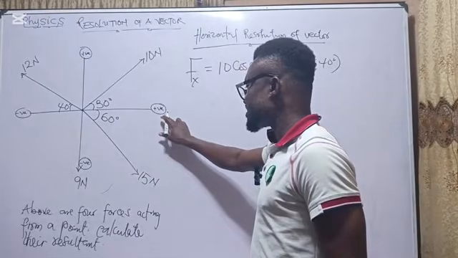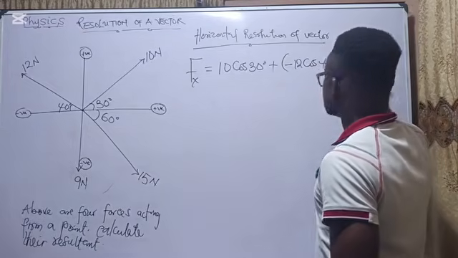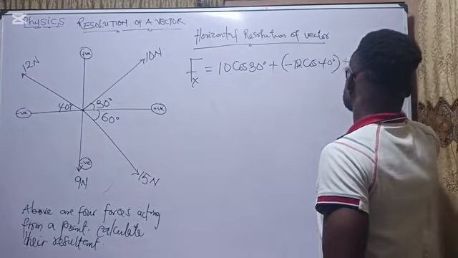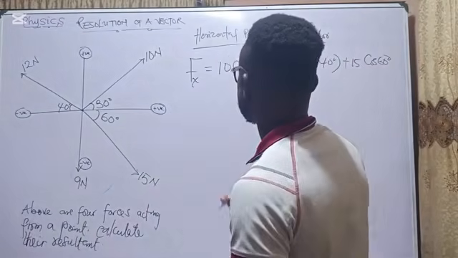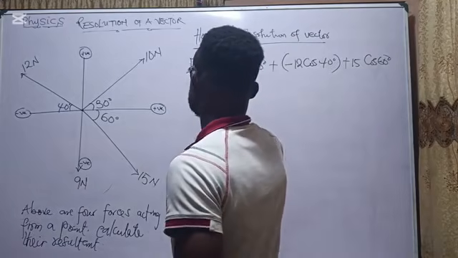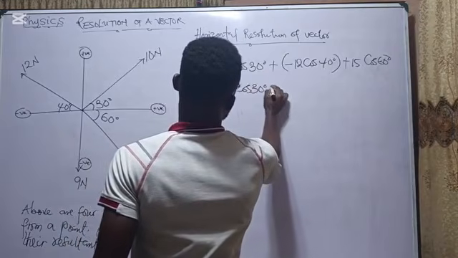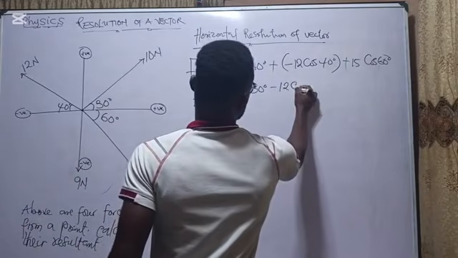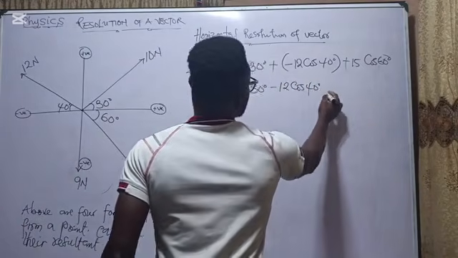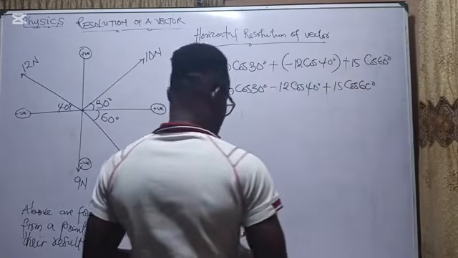Here is the positive aspect of it, so we have 15 cos 60 degrees. It is cos because there is an angle in between. So here we have the horizontal component to be 10 cos 30 degrees, plus minus is minus, minus 12 cos 40 degrees, then plus 15 cos 60 degrees.